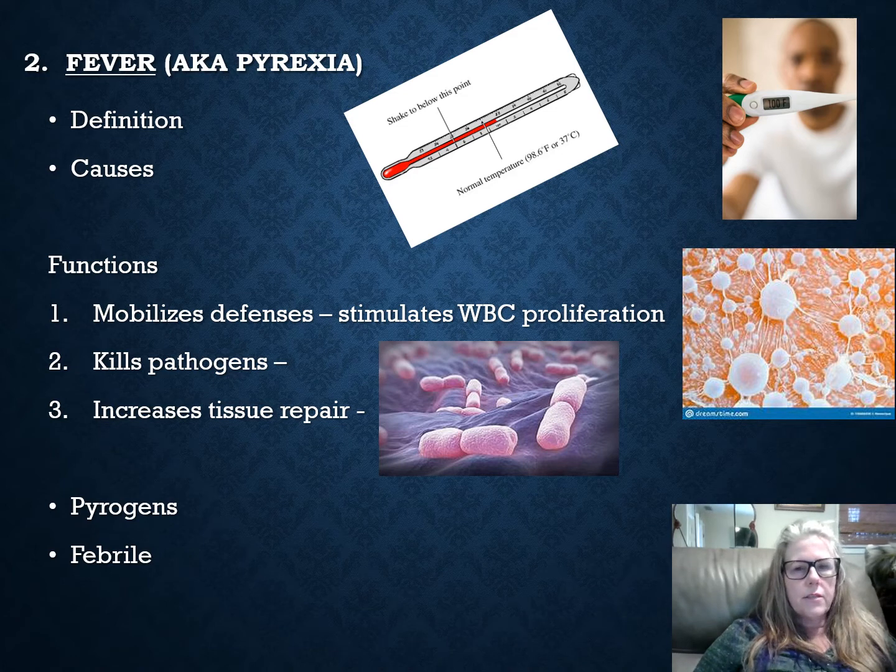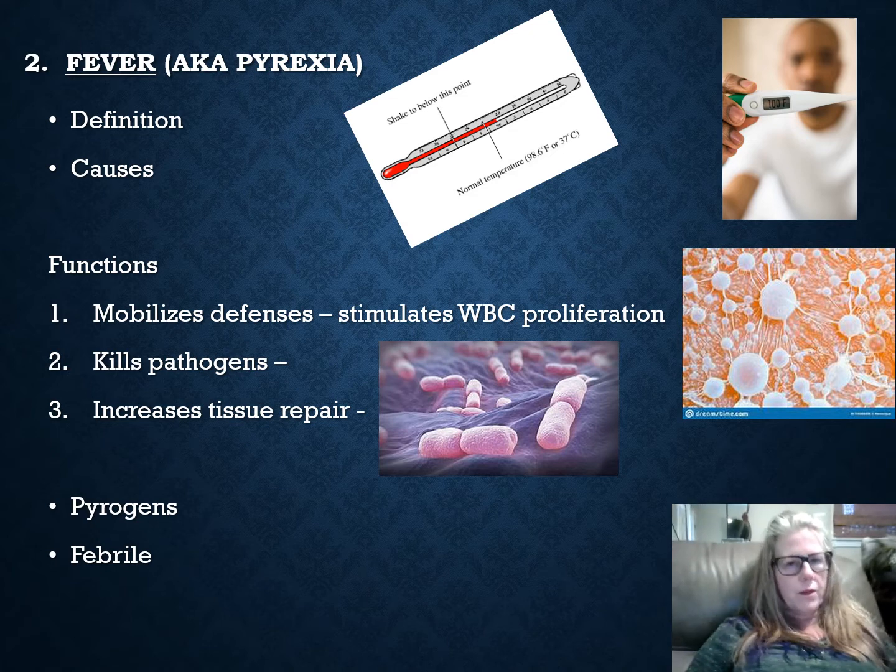There are some papers published by Stanford Medical, and it's looking like their data is showing that our normal should be a little bit cooler than it actually is. You might see that in the future, that number being adjusted. But for right now, our normal is 98.6 degrees Fahrenheit, plus or minus 1 degree.